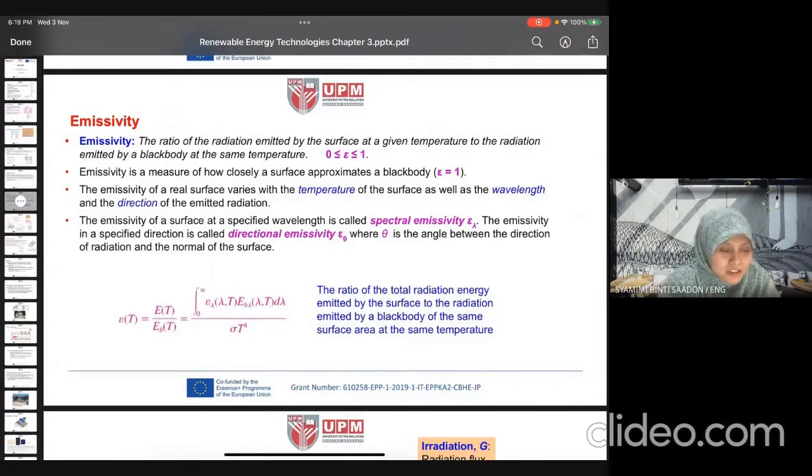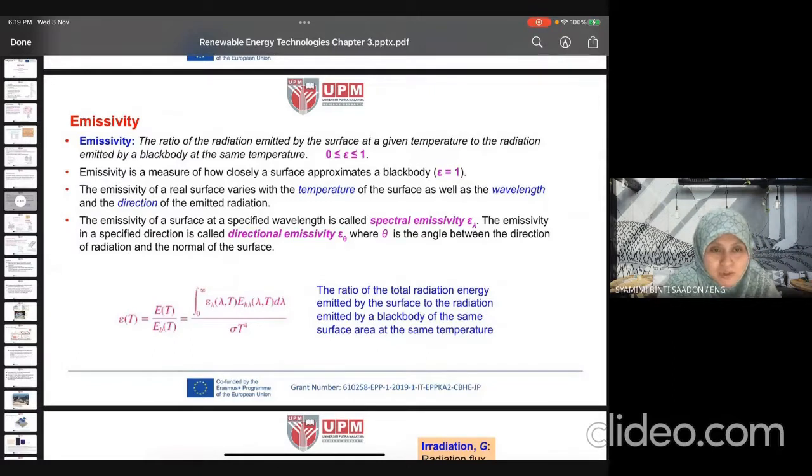A higher level of emissivity of the glass means that the glass can transmit more radiation energy, more heat, more light. That's why this parameter is very important.